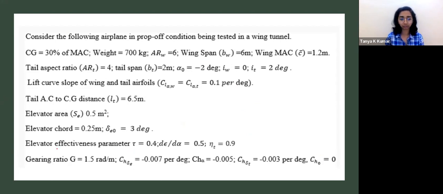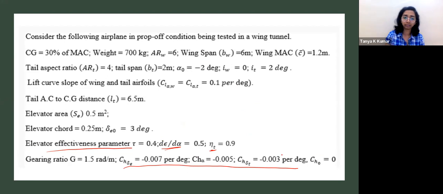We have seen this control surface effectiveness parameter. You have the slope of the downwash angle, the tail efficiency factor, and you have your 3 gradients here, assuming CS not to be 0.